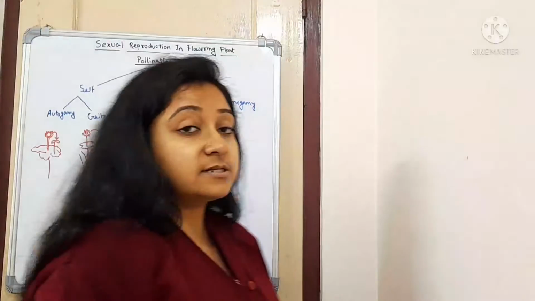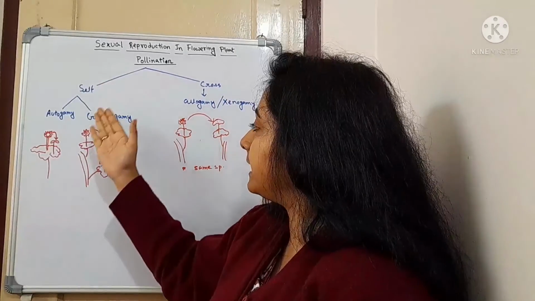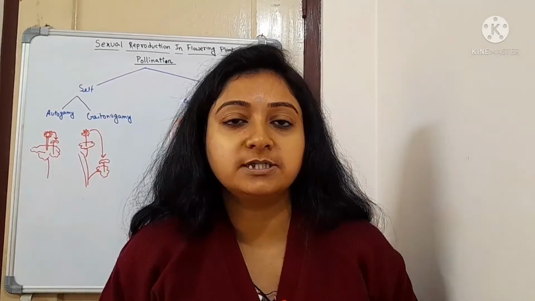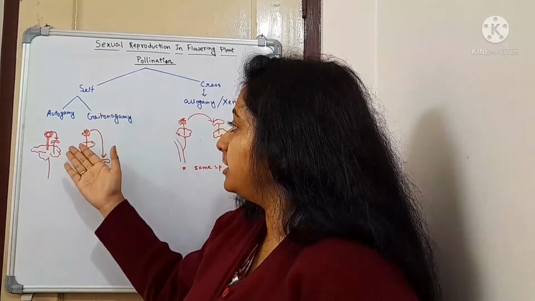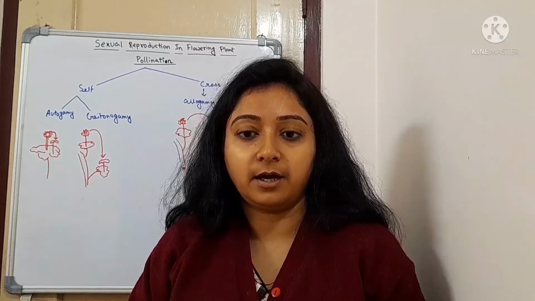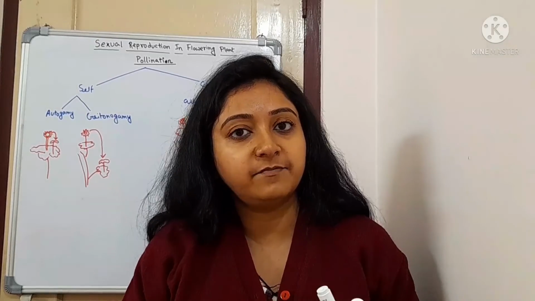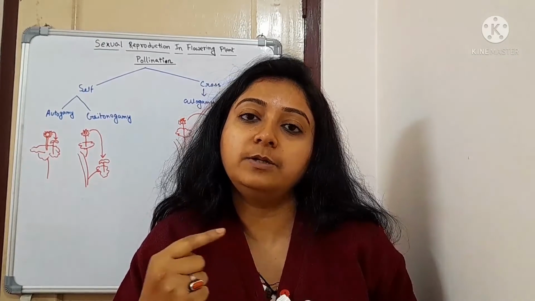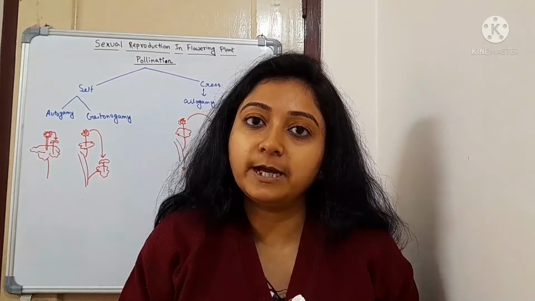So this is about the events of pollination, where we find that two types of pollination are mainly there: self-pollination and cross-pollination. In self-pollination, two chances are there. Either the pollen grain will fall on the stigma of the same flower, or the pollen grain will be transferred to the stigma of another flower of the same plant.